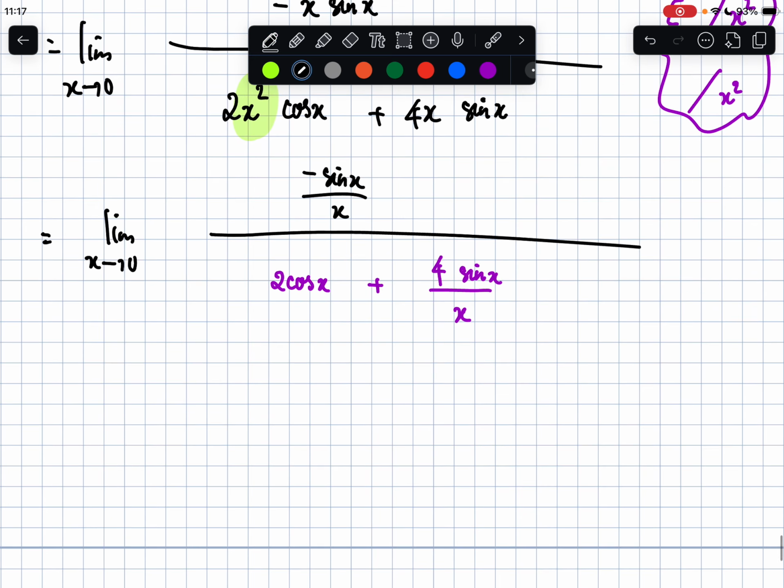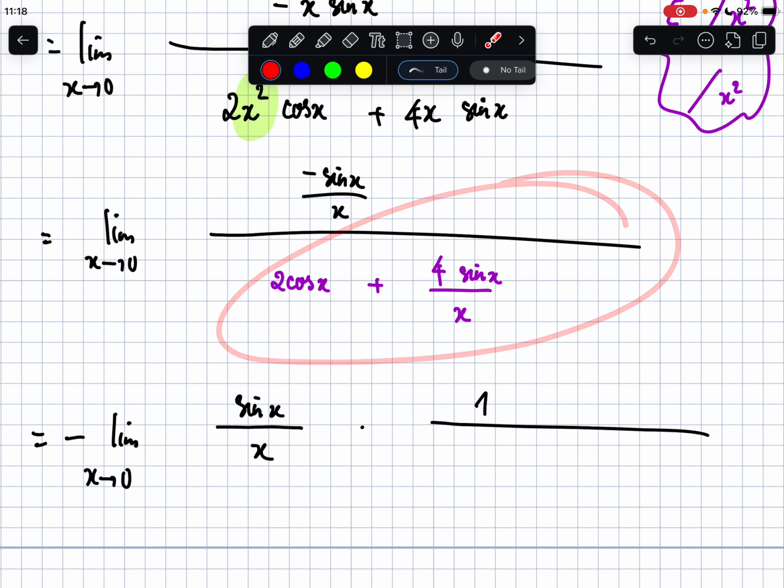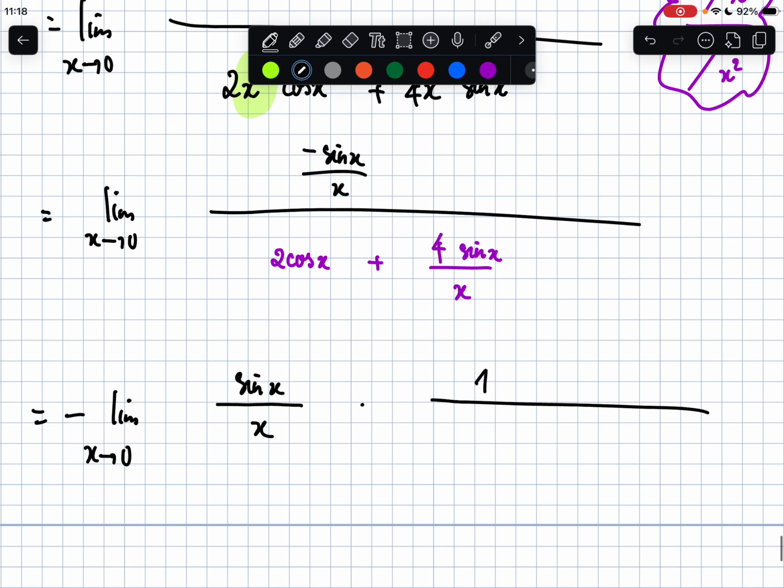Now let's compute this. Limit x to 0 of minus, I put the minus here, sin x over x multiplied by 1 over the whole thing here. So we have 2 times cosine x plus 4 times sin x over x.